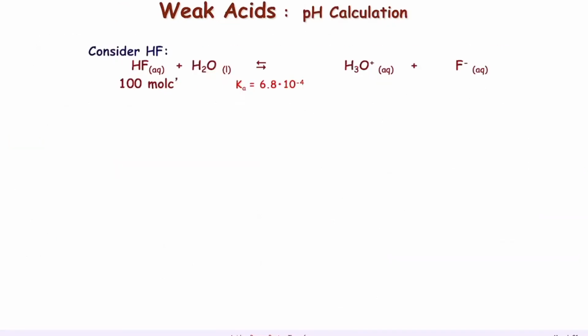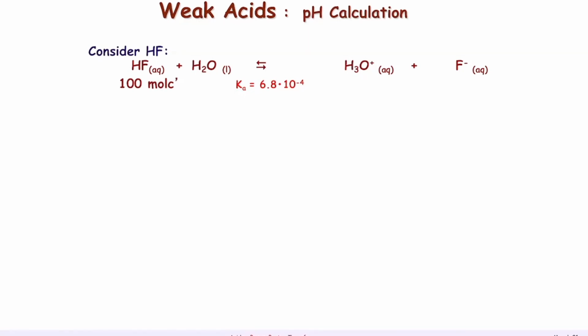So let's take a look at hydrofluoric acid. Hydrofluoric acid is one of those acids. It's a halogenated acid. It's one of those acids that has the weak small Ka. Unlike hydrochloric, hydrobromic, hydroiodic, those are strong acids. Hydrofluoric acid is not a strong acid. It's a weak acid. If you've got 100 molecules of hydrofluoric acid, probably 1–2% of them, depending on the temperatures, will dissociate.